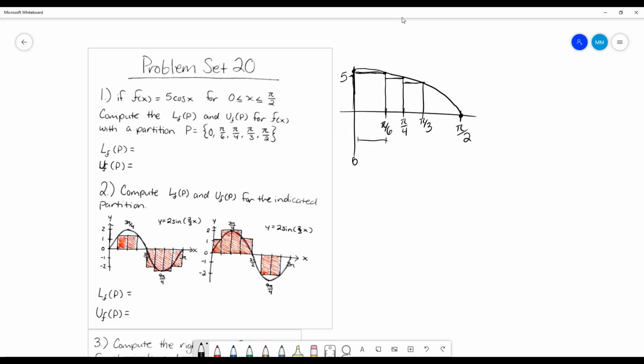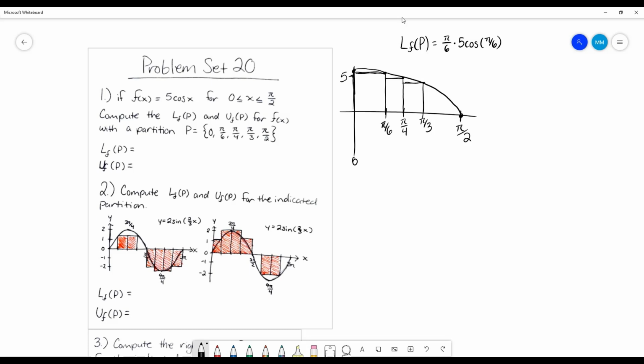So it's going to be pi over 6 times whatever cosine of pi over 6 is. So I know that my lower sum is going to start off with pi over 6 times whatever 5 cosine of pi over 6 is.